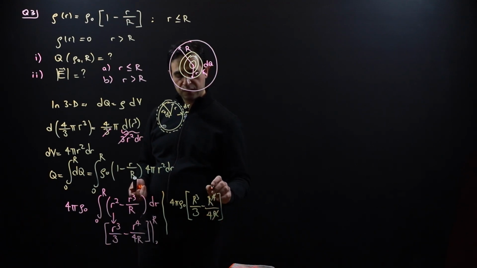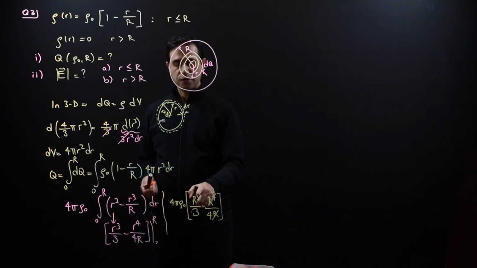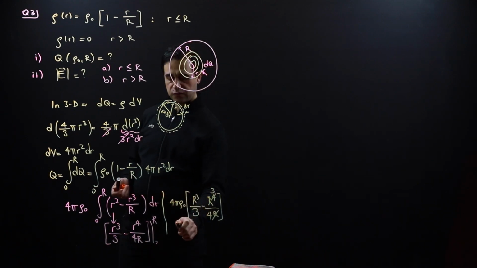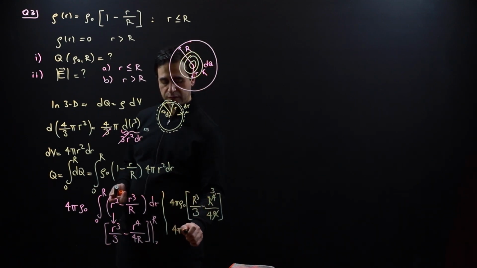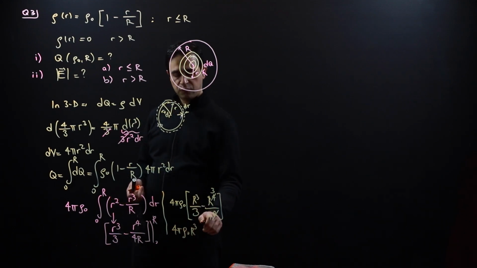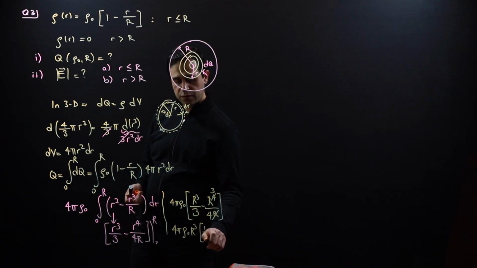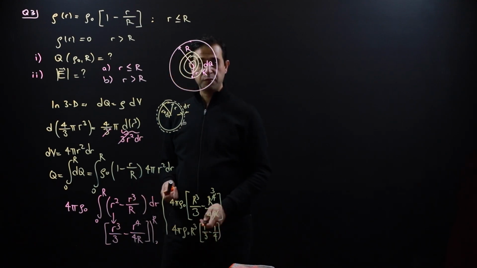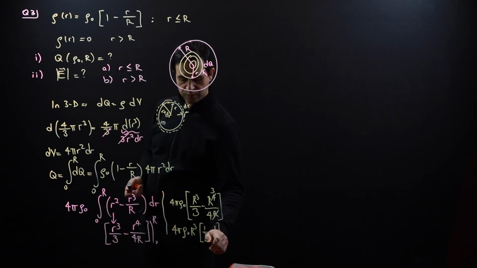This cancels that, and this also gives us a cube, right? And R cubed goes out, so that's 4 pi rho 0 R cubed, and I have 1 over 3 here, right? And I have 1 over 4. 1 over 3 minus 1 over 4 is 1 over 12.